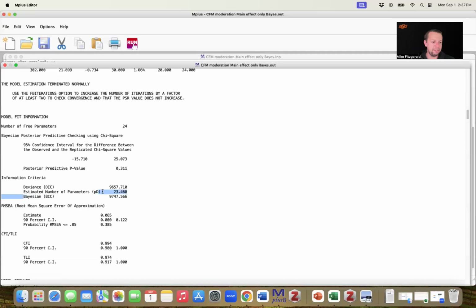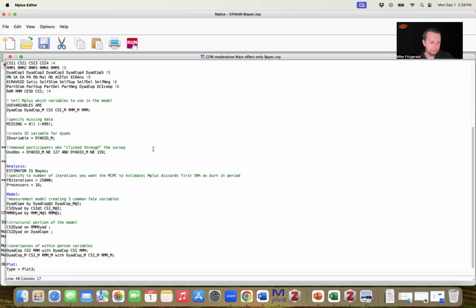And then we also have the BIC, the Bayesian information criterion, which we also have in maximum likelihood. And the posterior predicted p-value that I mentioned earlier is actually going to go away once we include this latent interaction. Right. But we will have these values from which to compare nested models.